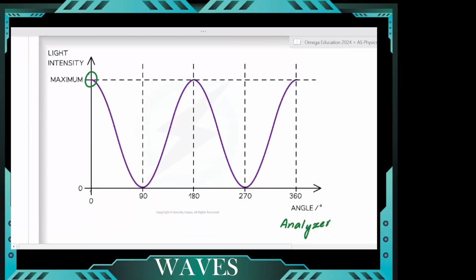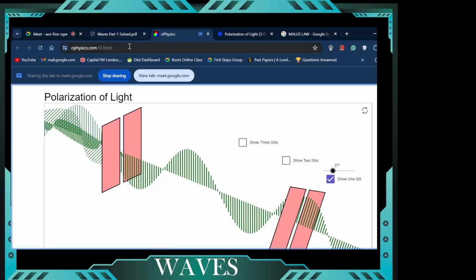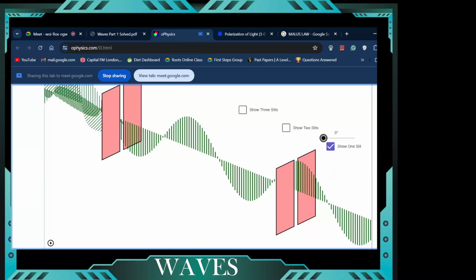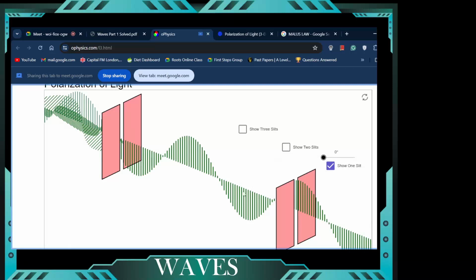So if I show you from here, this is the case that we are referring to. If the analyzer is placed like this, whatever the intensity of the light is here, the intensity after the analyzer would also be the same, only if the angle is 0 degrees.